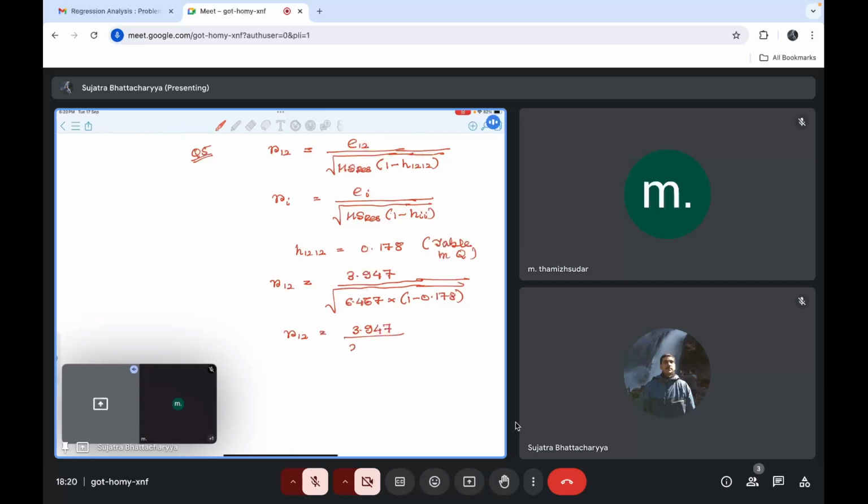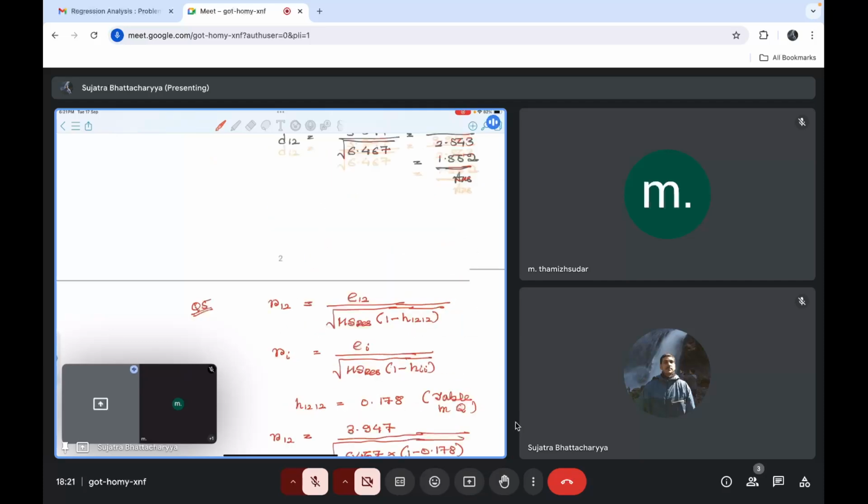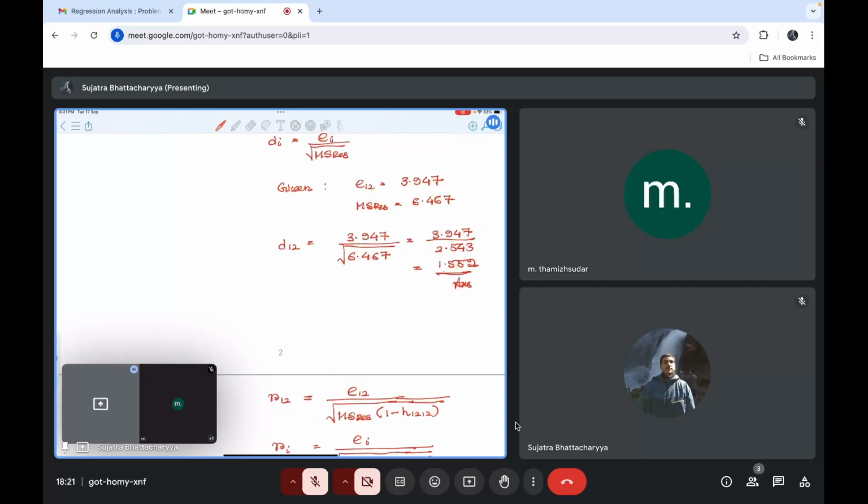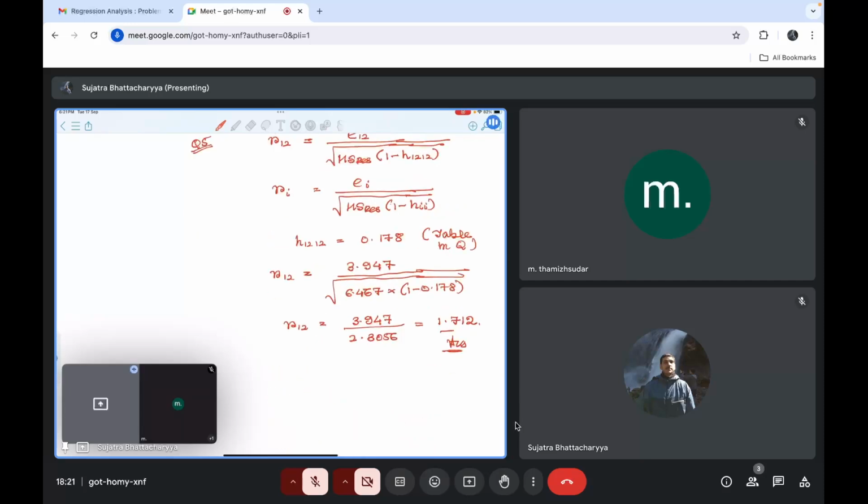This will come out to be 2.3056. Finally, the answer comes out to be 1.712. This is the answer. So 1.712 is your studentized residual. One thing you can check here is that 1.552 is the standardized residual and the studentized residual is 1.712.